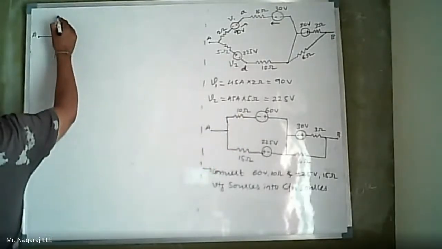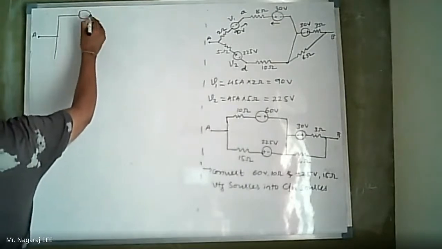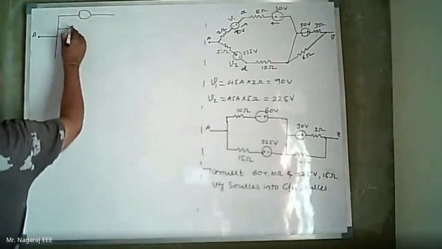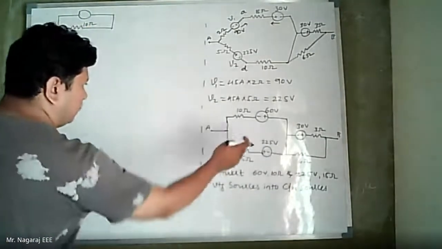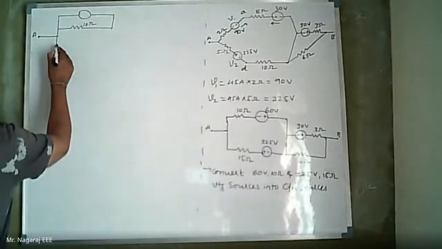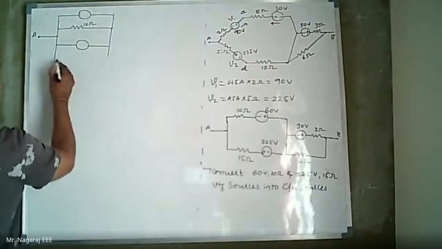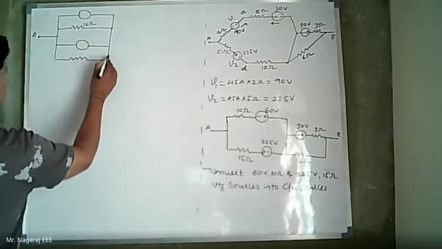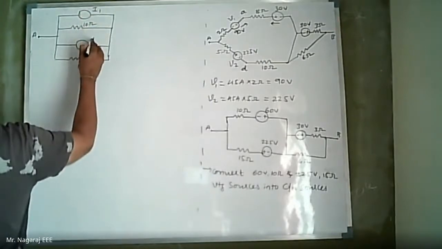Now 60 volt and 10 ohm. This is 10 ohm, and I have 225 volt and 15 ohm. Now let this be I1, let this be I2.